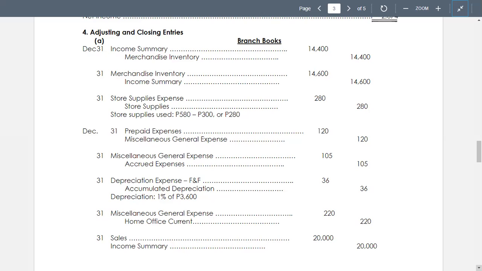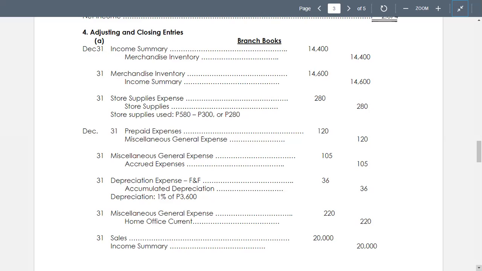Store supplies on hand, home office, and branch. Prepaid expenses, credit, miscellaneous general expense, home office, 350, branch, 120. So in other words, we have to make the corresponding adjusting entries.